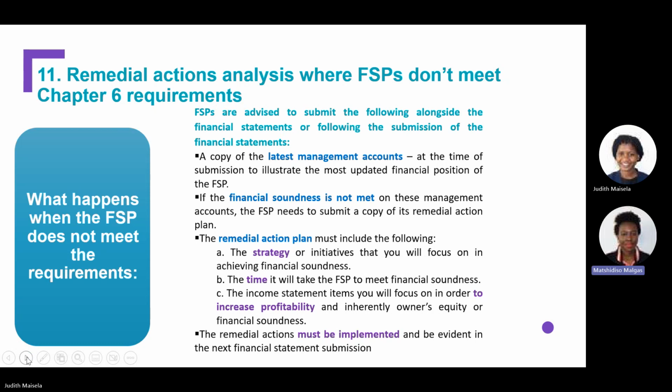Number one, when an FSP does not meet the liquidity requirements, they need to submit a copy of their latest management accounts to the FSCA. These management accounts must be submitted at the same time as the submission of the financial statements, or at a later date where FSPs can foresee that they will not be able to meet their financial soundness requirements.